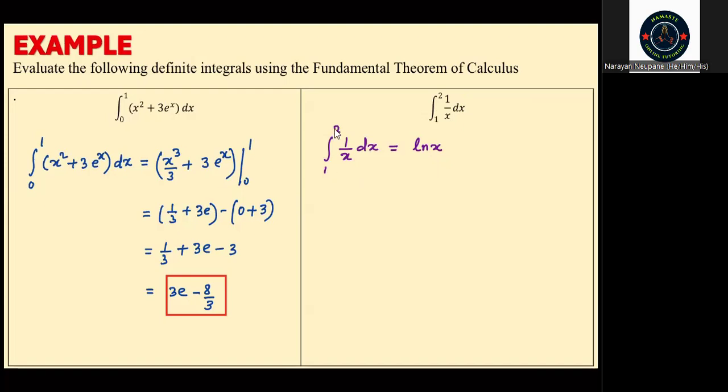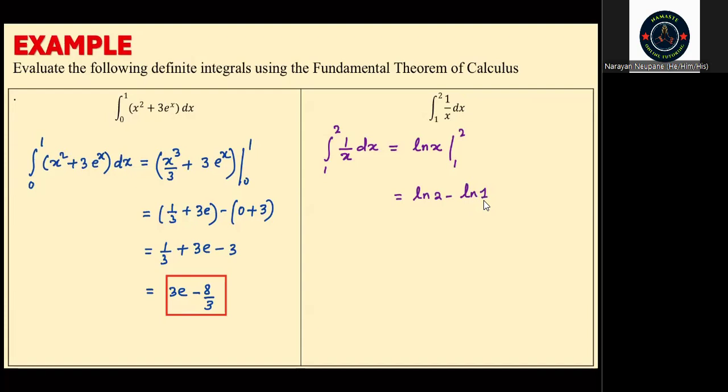Now we have to evaluate this between 1 and 2 using the fundamental theorem of calculus, meaning we plug in the upper limit, we subtract, and then plug in the lower limit. So if you plug in the upper limit, natural log 2, subtract, and then plug in the lower limit, natural log 1.